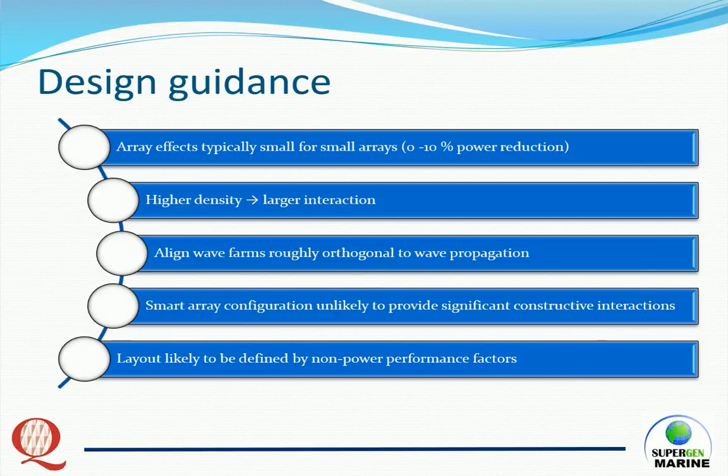You obviously want to align them with the way the waves are coming from. Smart configurations may be ideal in theory, but unlikely in practice. And in actual fact, our conclusion is that it's likely that the array layouts are going to be dictated more by physical considerations than actual power performance considerations.